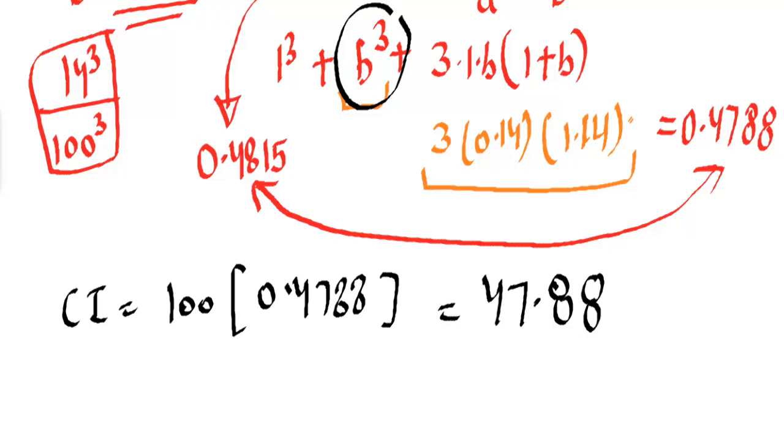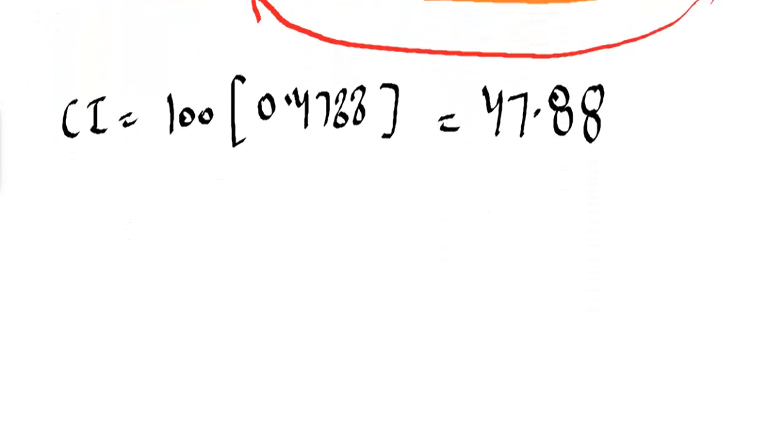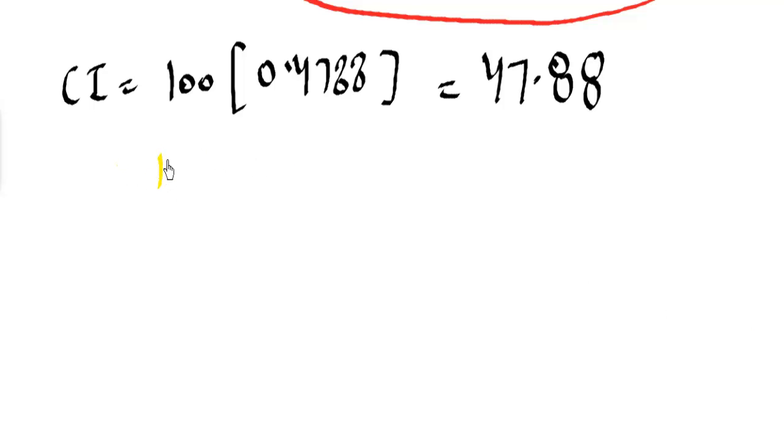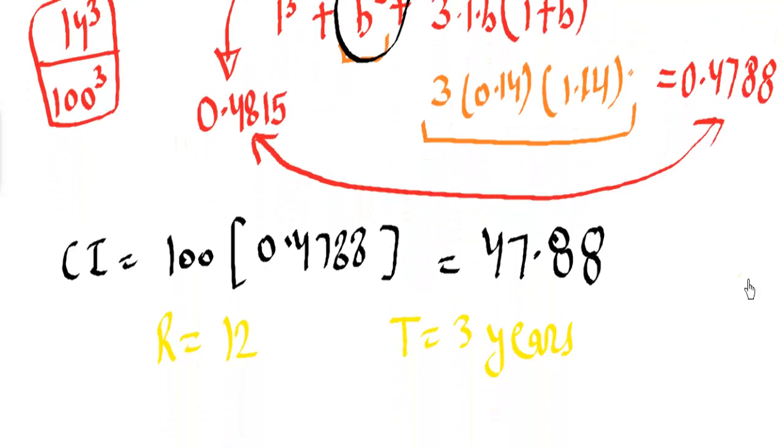So we can work out one more example for time t equal to 3 years. Let's say we are given r as 12 and t as 3 years. Using this, we can write it as 3 into b, that is 3b, when my b is 0.12, and adding 1 to b, that is 1.12.